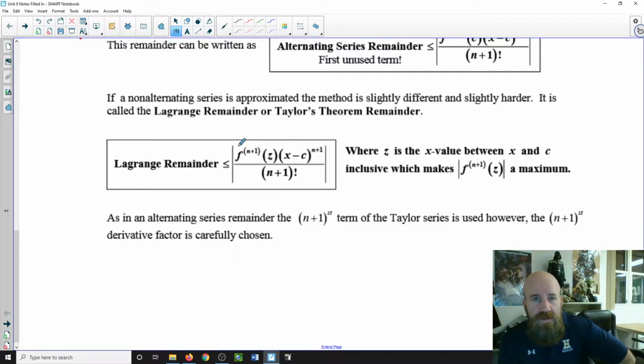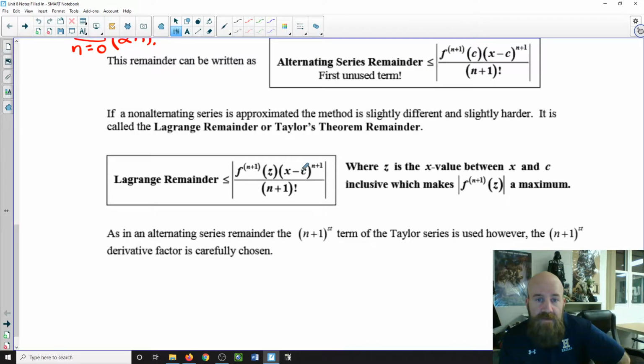It's similar to the alternating series remainder, where we're going to use the next term to find part of the error. If we look at the two, the only difference here is this z and c. We used the c value in the first one.